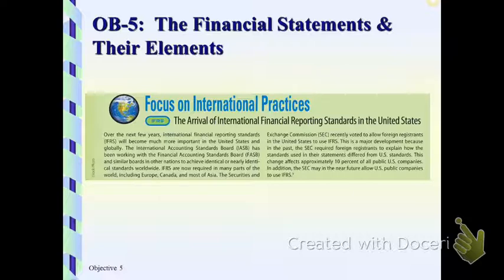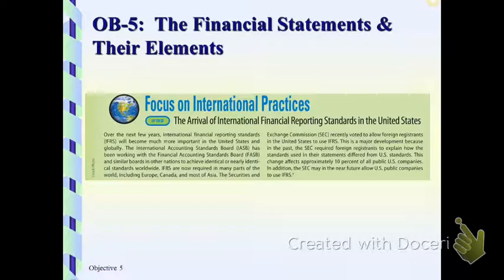How does what we've just discussed relate to what happens internationally? As our economy and businesses become more globally dependent, the international financial accounting or reporting standards are becoming a much more significant component of what United States businesses are doing. The International Accounting Standards Board, or the IASB, has been working with our Financial Accounting Standards Board, otherwise known as FASB, to achieve identical or nearly identical financial accounting standards worldwide.